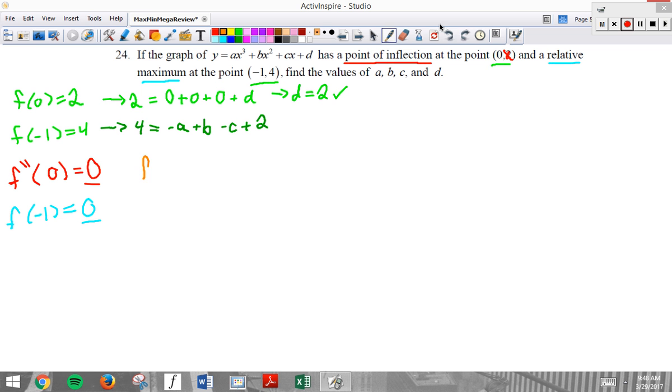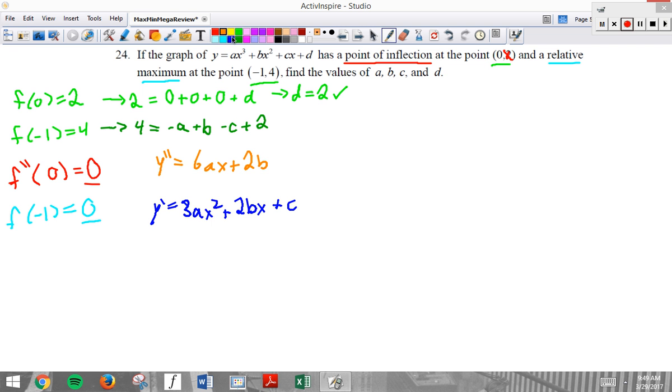I'll write it down here because I'm going to have to use it down here. I'll call it y prime just to keep it consistent. 3ax squared plus 2bx plus c, and therefore y double prime, differentiating this, 6ax plus 2b.